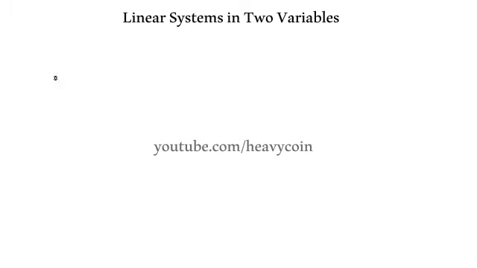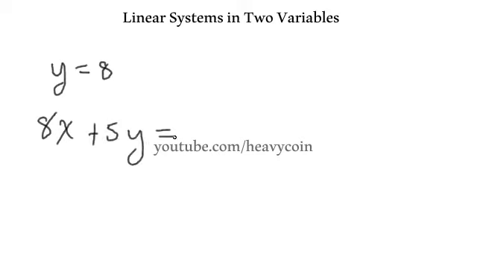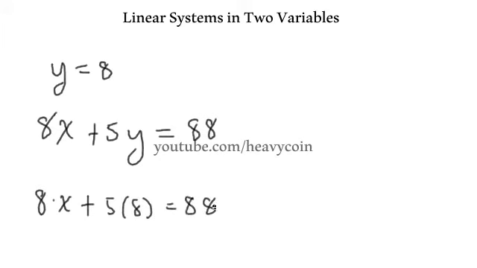So we had y is equal to 8 as one of our equations, and then our second equation is 8x plus 5y is equal to 88. Since they already give us y, I'm going to go ahead and plug that in. That was nice of them to give us that.